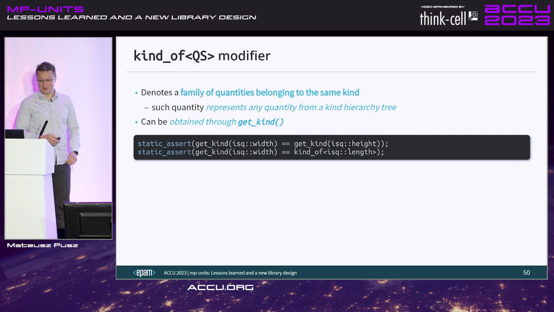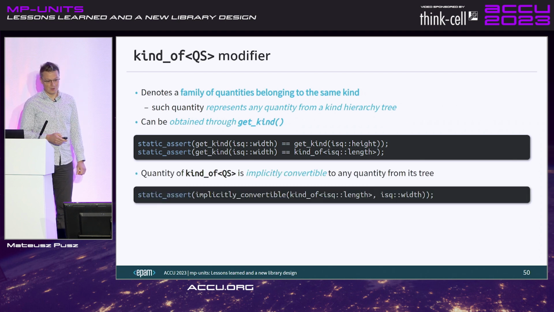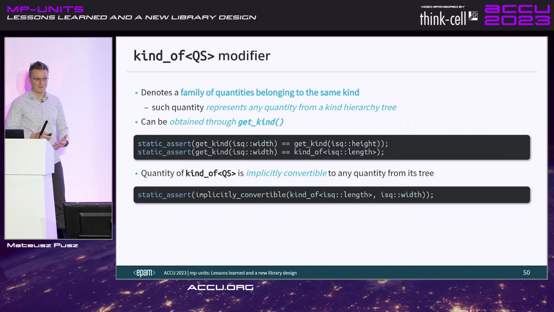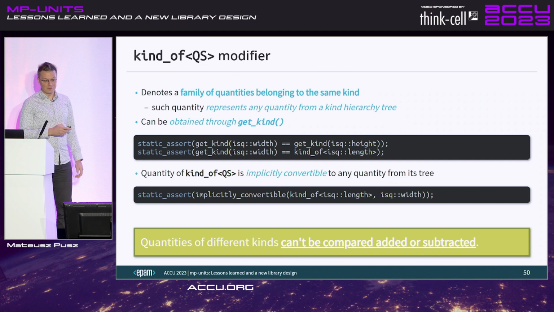Or the root of the tree, depending how you want to look at it. Because a quantity of kind of QS is implicitly convertible to any quantity from its tree. So I can say that kind of length is width, kind of length is radius, whatsoever, because all of them are kind of length. Quantities of different kinds can be compared or added or subtracted.